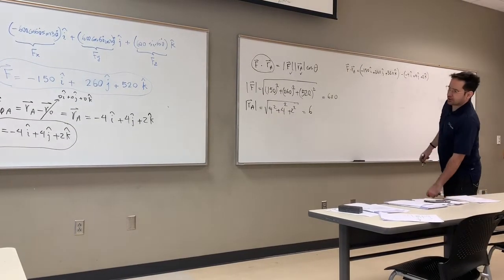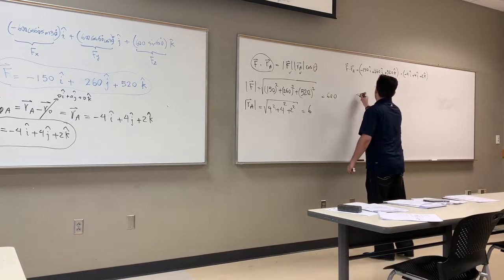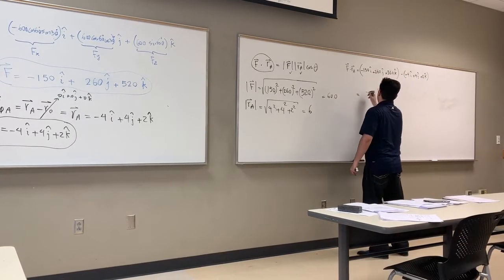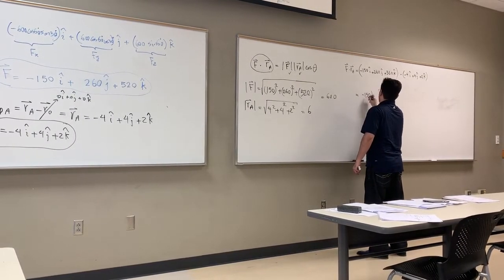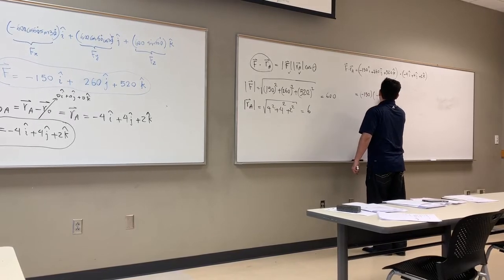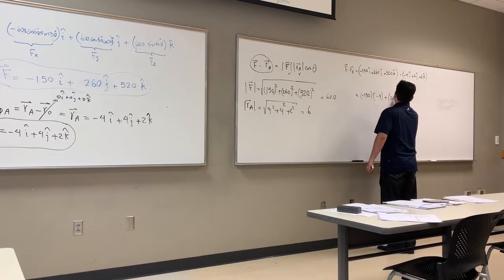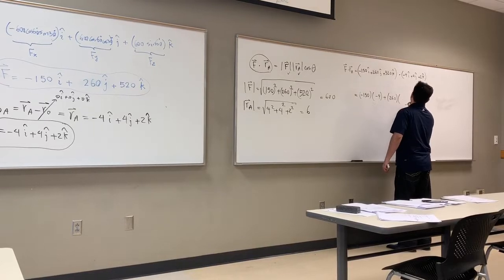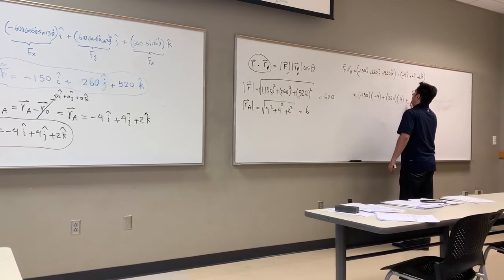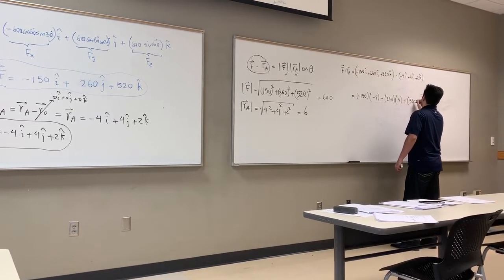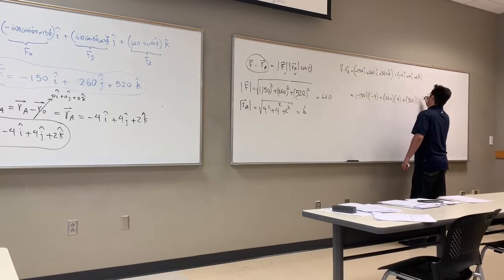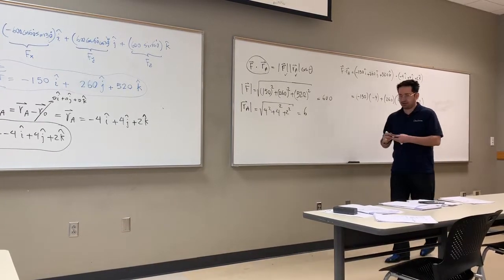Right? Plus 2K. Now, this becomes negative 150 times negative 4 plus 260 times 4 plus 520 times 2. Put it in the calculator.